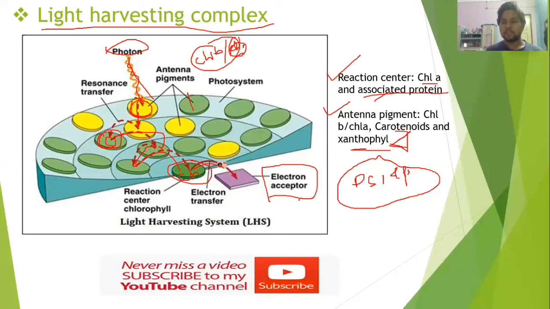Electron acceptors are cytochrome B6 complex, plastocyanin and so on, where cyclic and non-cyclic photophosphorylation occurs.